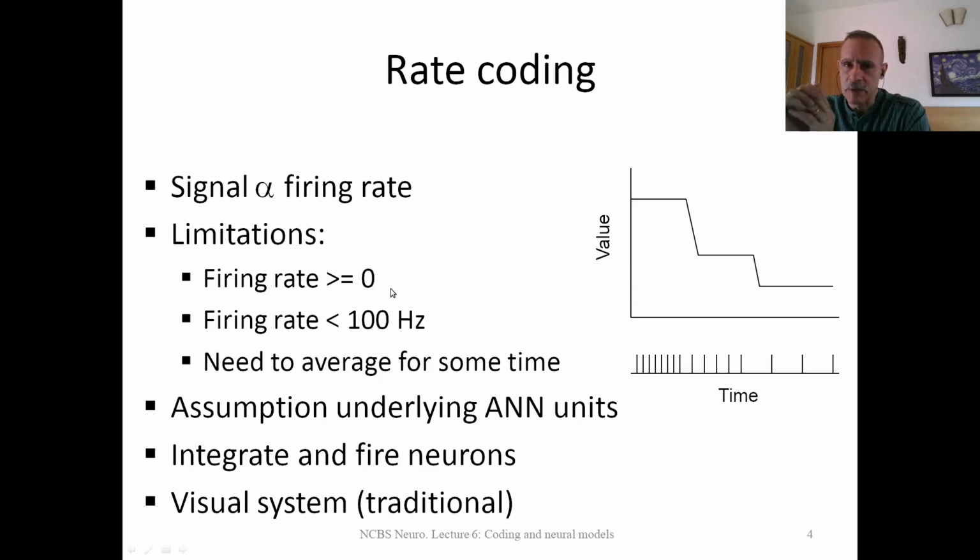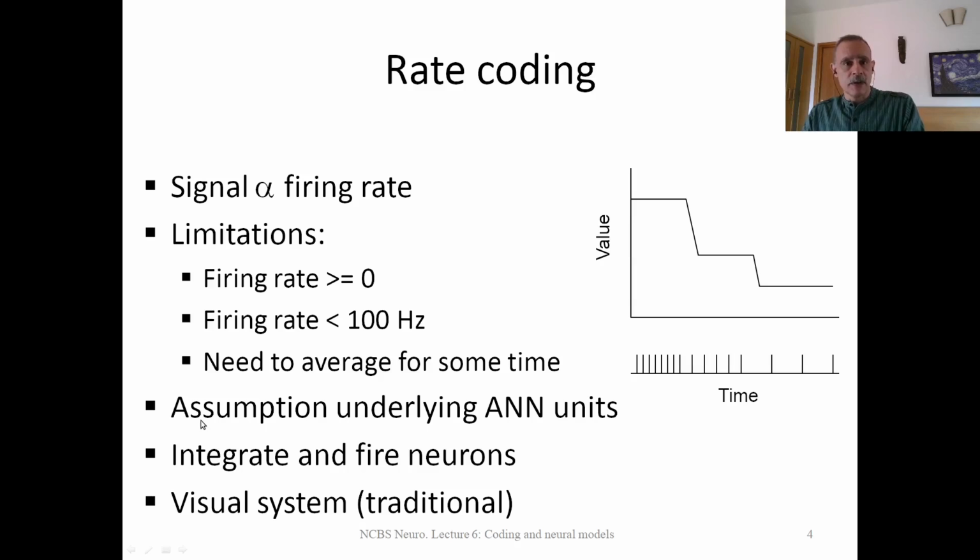And then the third thing, which is a little bit more subtle, is that if you're looking at information by way of a firing rate, then you have to sample the firing rate for long enough to count enough action potentials to get an estimate. So in other words, you need to average the firing rate over some time. And that means that if you want to encode information this way, then there's a certain limitation in how fast you can do it. We'll come and see all of these things.